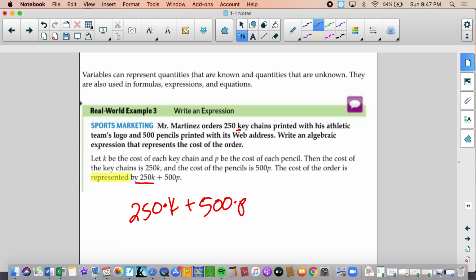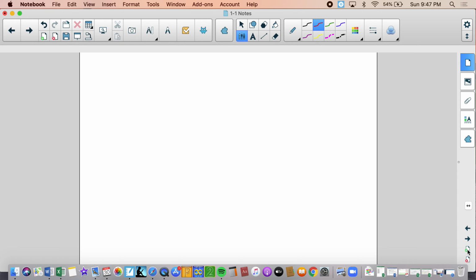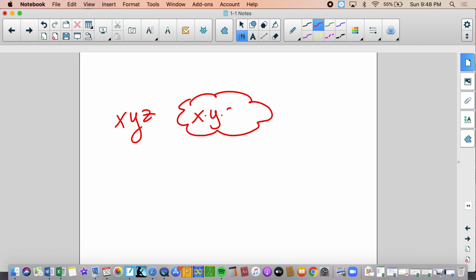Notice that in this expression, we don't write the multiplication sign because that is the simplified form. We don't want to have dots in between our terms. So if we have X times Y times Z, we can write XYZ. We understand that what's going on in between X, Y, and Z is multiplication.